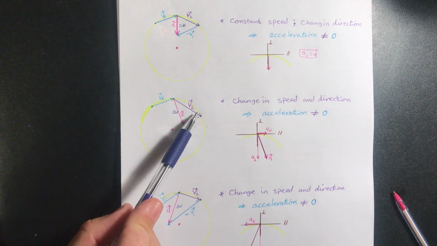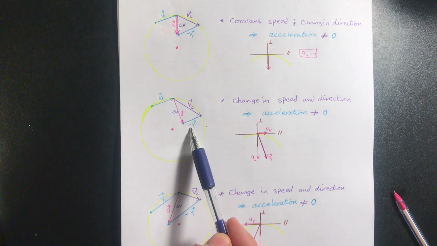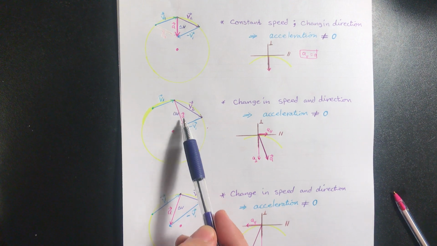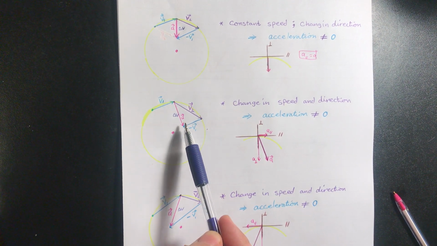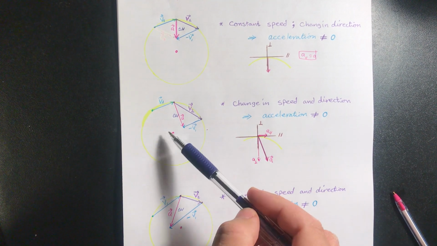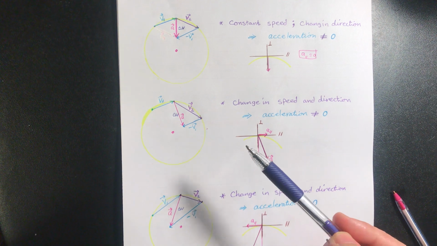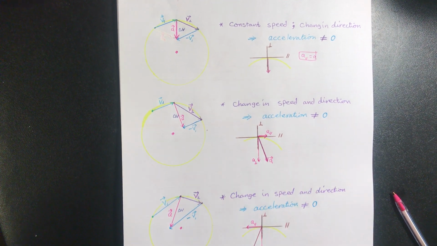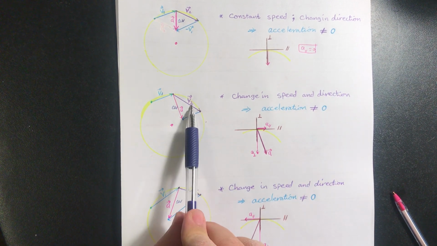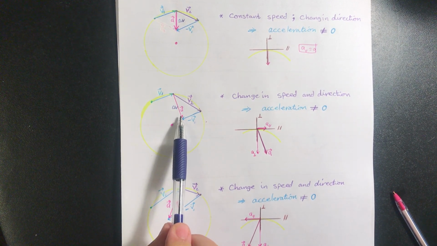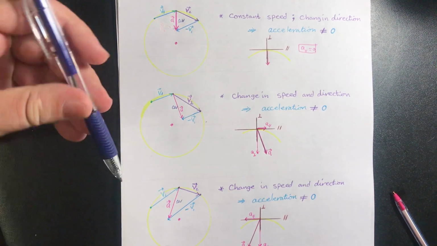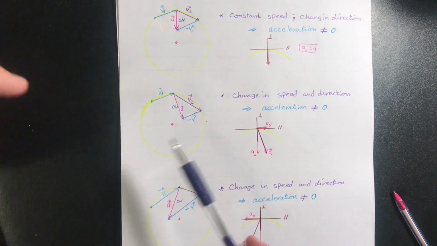It is v2 minus v1. We need to add negative v1 to v2. This is the resultant vector between them, which is delta v. It is not directed to the center of rotation. It goes in the direction of the bigger velocity, which is v2. Now there is a change in speed and the direction, and v2 is bigger than v1. Then the acceleration or the resultant change in velocity will go in the direction of the bigger velocity, which is v2.